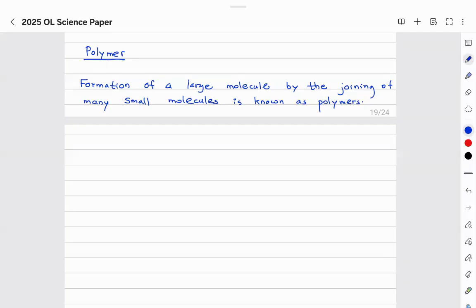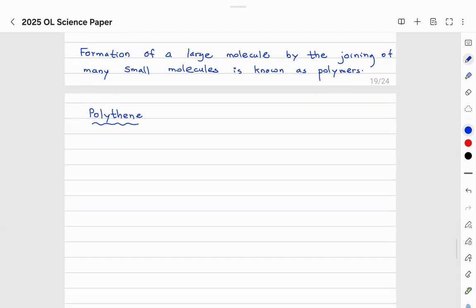Let me give you a simple example. Polythene is a polymer. How is this polythene made? Remember, students, there is a hydrocarbon known as ethene. This is an alkene. See, a carbon-carbon double bond is there, no?